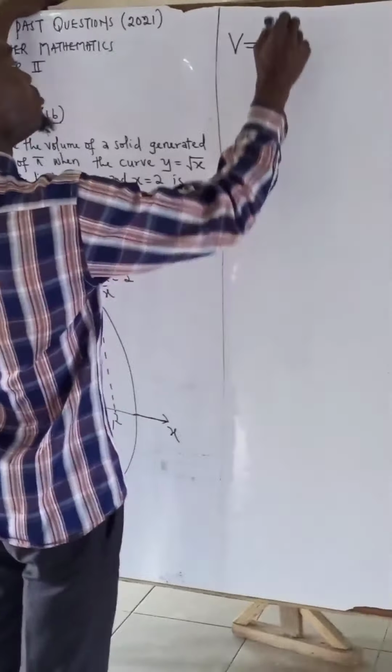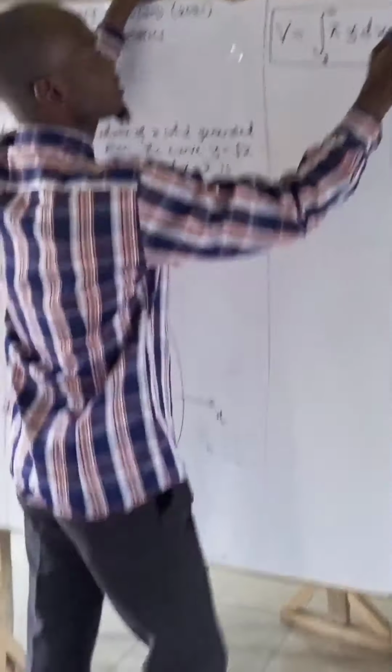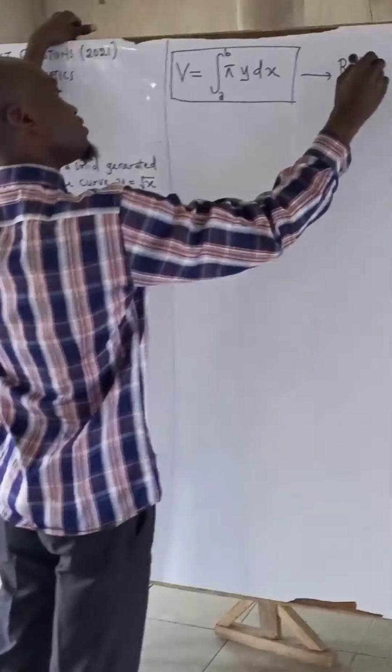Note this formula. This formula is used whenever the curve is rotated about the x-axis. If it is rotated about the x-axis, this is the formula that we are using.